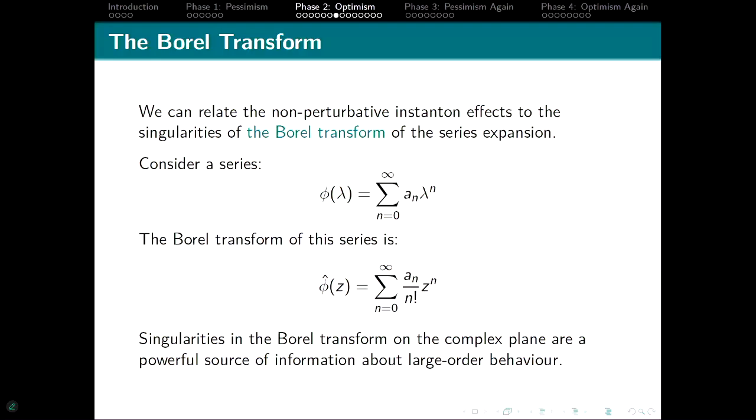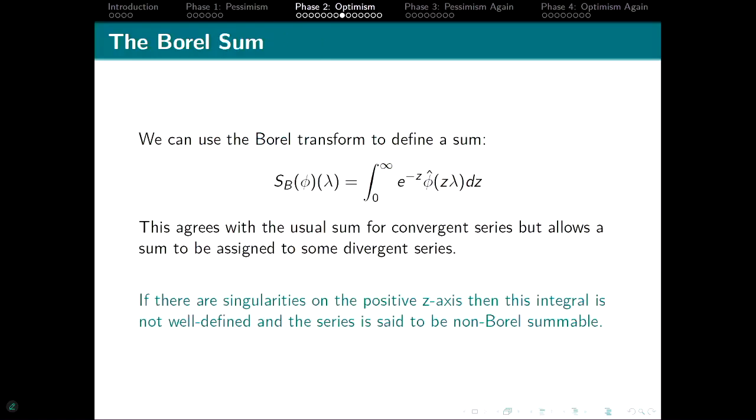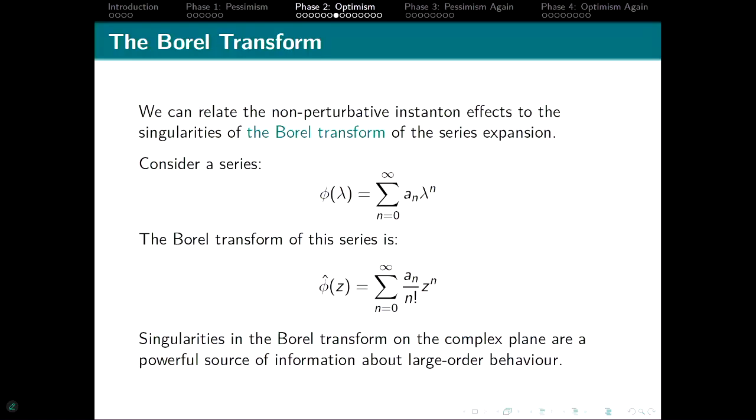So singularities in the Borel transform are related to patterns of factorial divergence. So Z is a complex number there, whereas the other variable is a real number. We're also going to be considering analytic continuation to complex Z, and that's crucial as well. We need to think about the entire complex plane here.